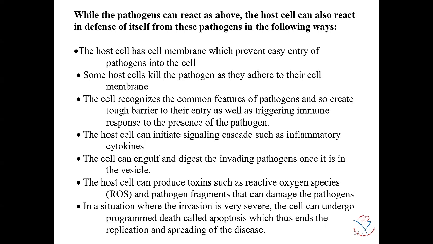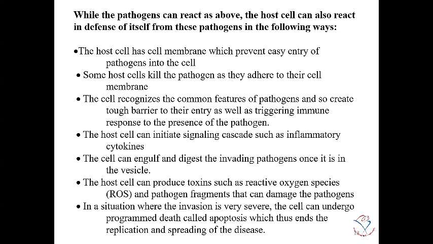A similar thing happens in the cell. When these foreign bodies try to attach themselves to the cell, it also releases some substances that can attack and destroy them. Also, the cell recognizes the common features of pathogens and so creates a tough barrier to their entry, as well as triggering an immune response to the presence of the pathogen.